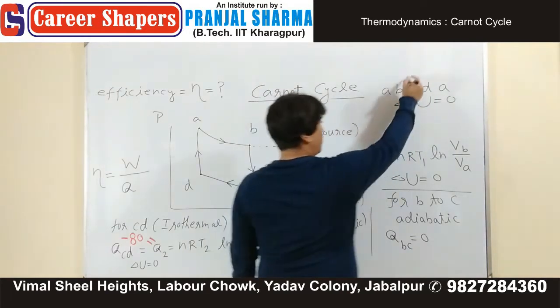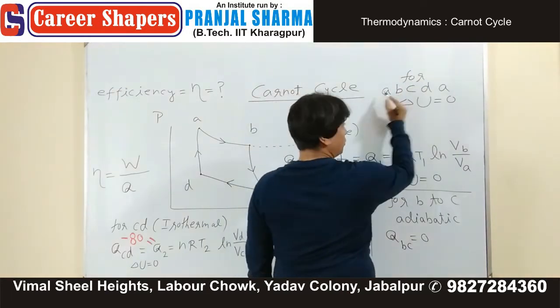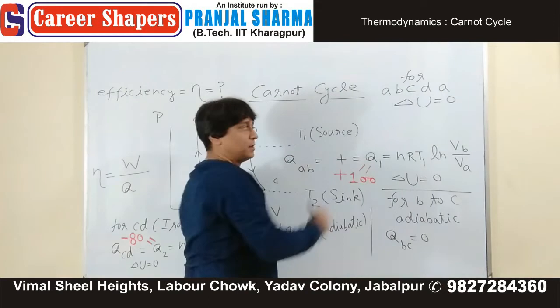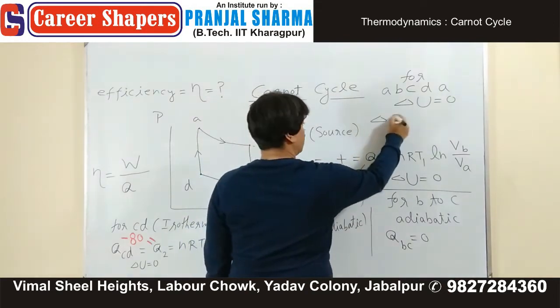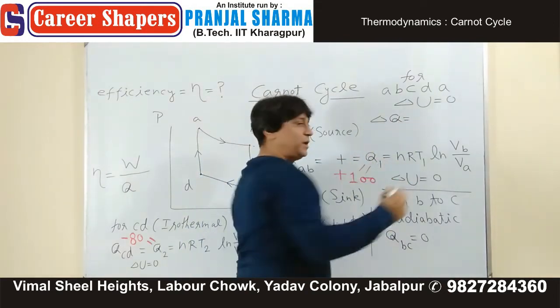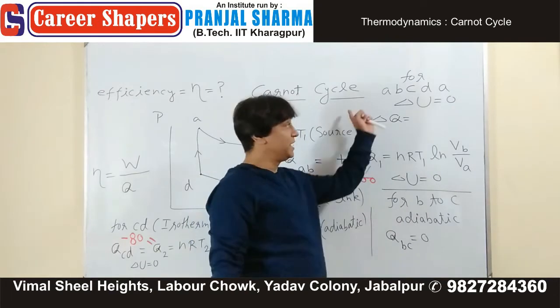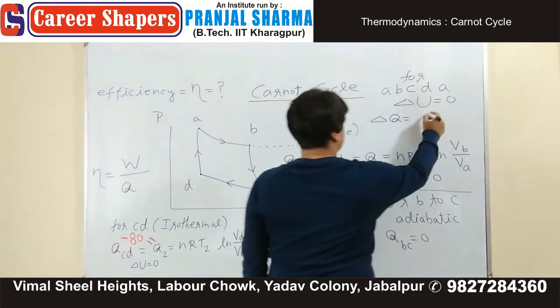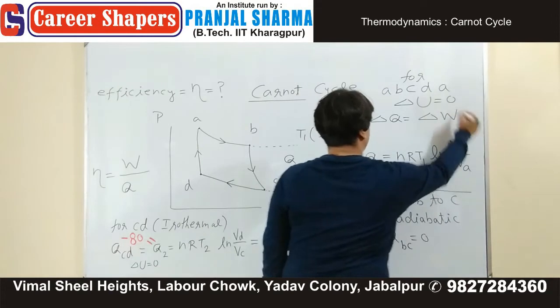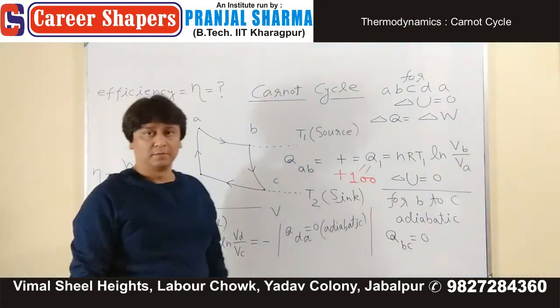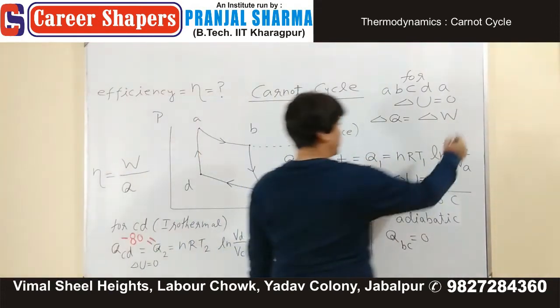For the entire process A to A, delta Q, meaning the total heat supplied for the entire process, is what? Delta W, and I'm basically asking you this.